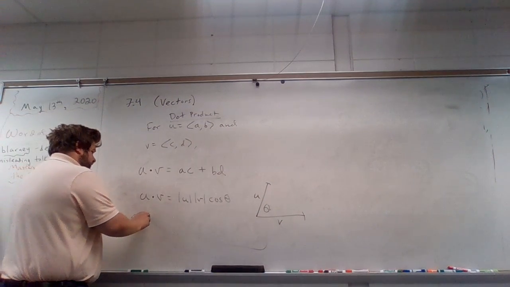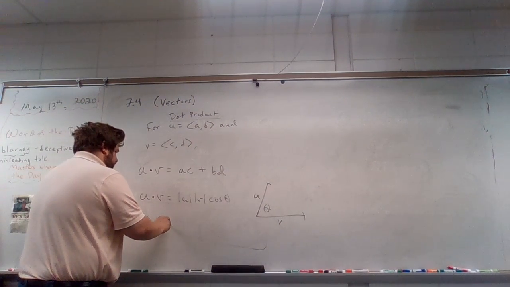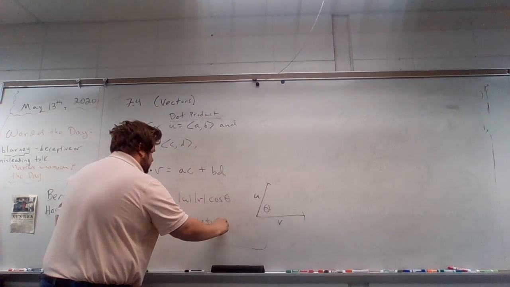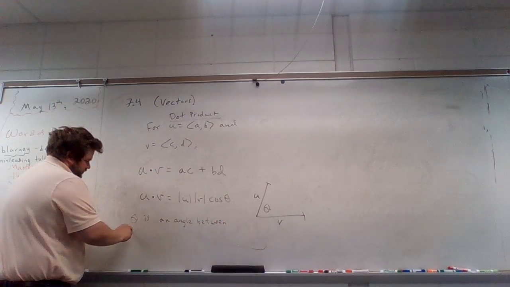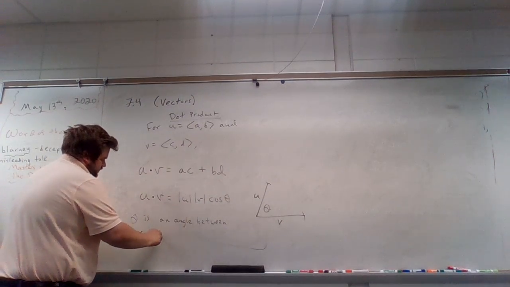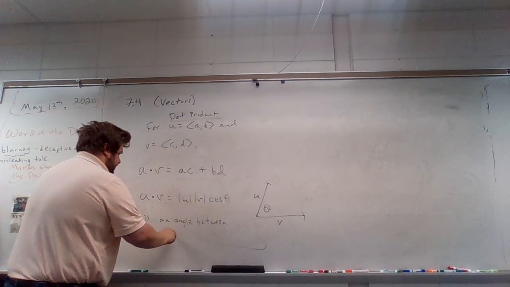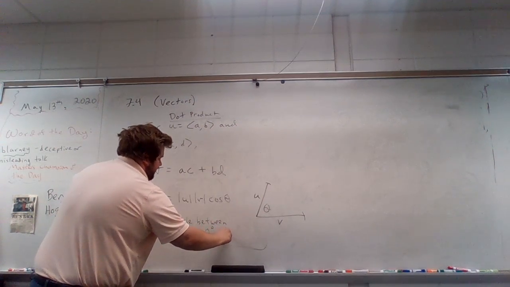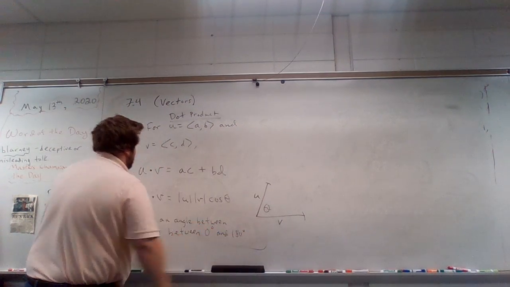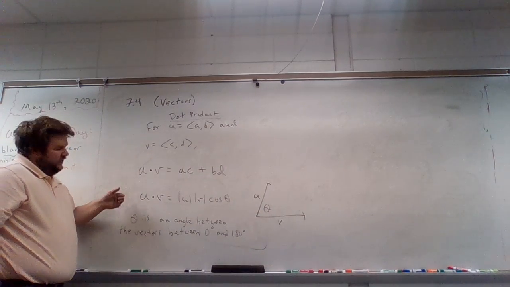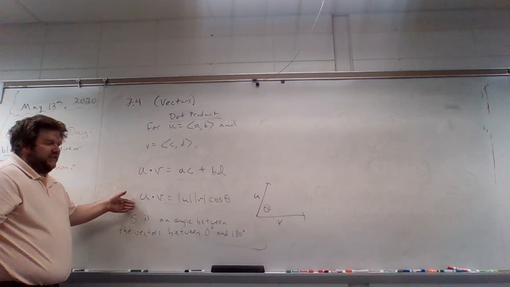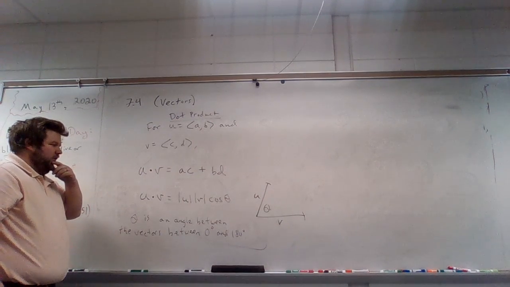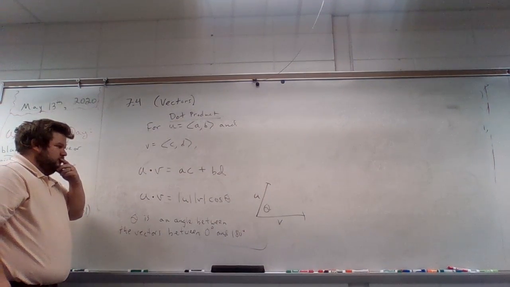Theta is an angle between the vectors between 0 degrees and 180 degrees. So I want to first talk about how to use this formula, and then we'll talk a little bit about how I could find the angle between vectors, and what that means.